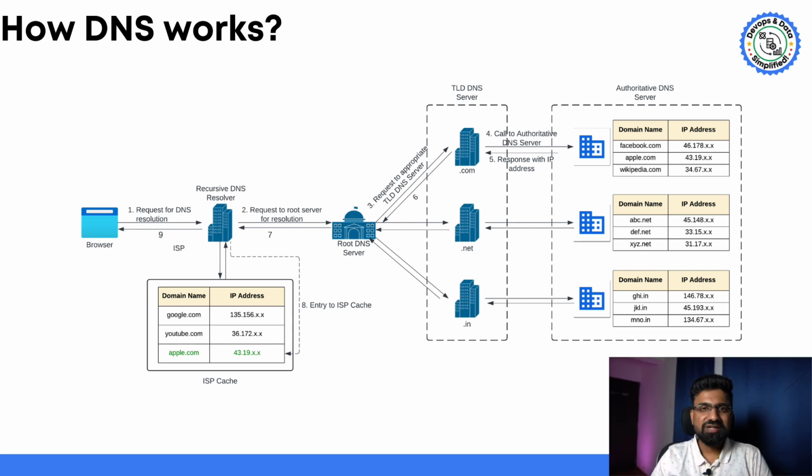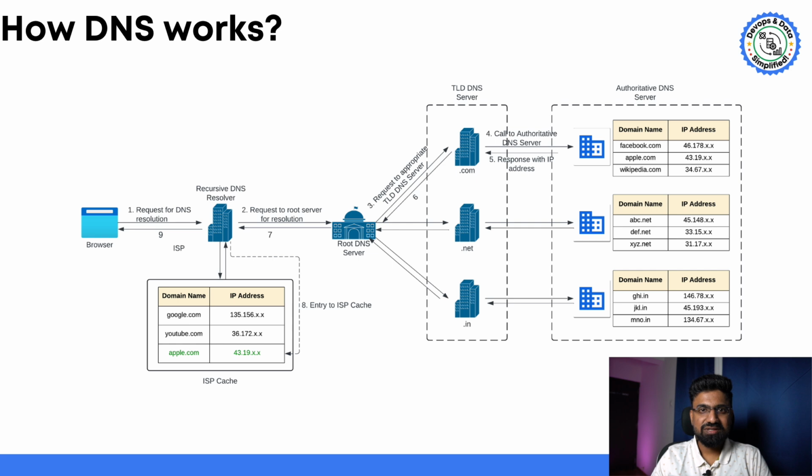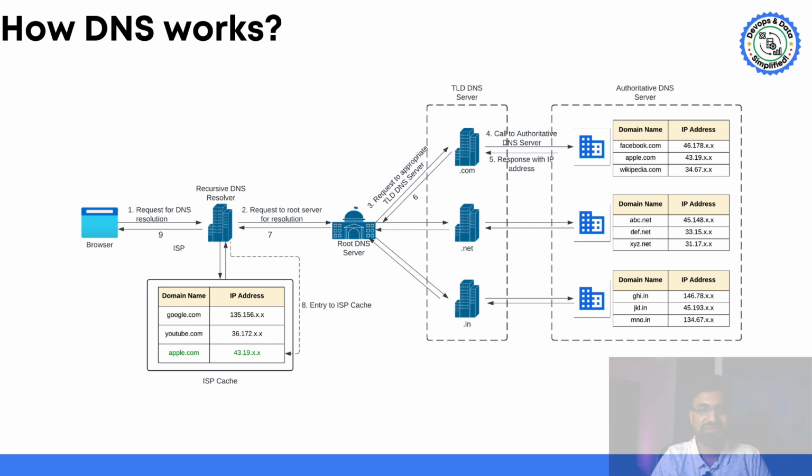If the resolver doesn't have the domain name in its cache, it connects with the root DNS server. These are the servers which store your top level domains or TLDs like .com, .org, etc. Now the root level DNS server redirects its queries to the correct TLD server based on the extension name that you have.